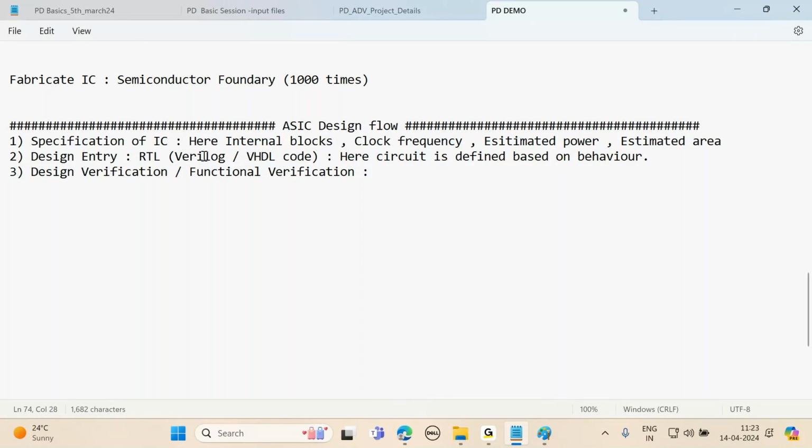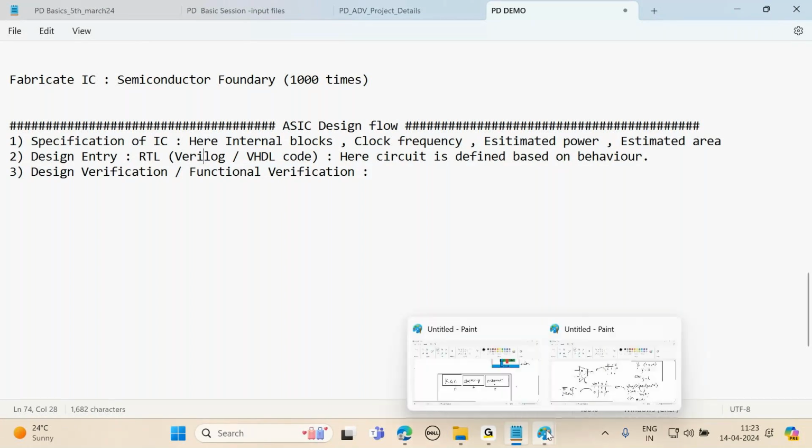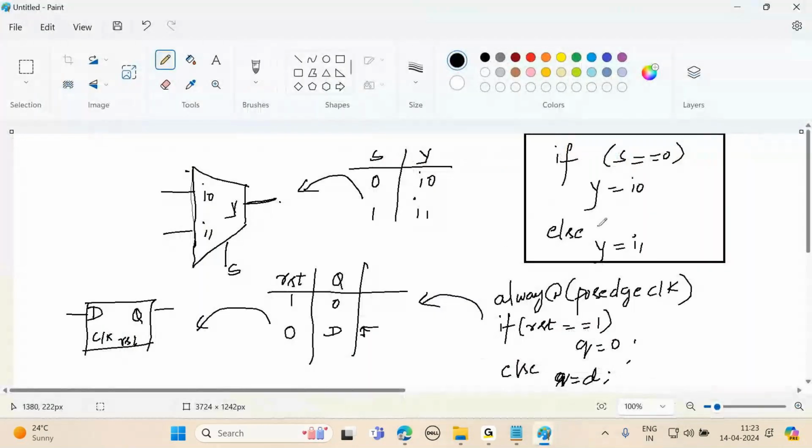Say I have written the program for a MUX. Whether this program is working like a MUX or not, I have to verify. How to verify? Apply different inputs. Apply 0, 0, 0: this is I0, this is I1, this is the select line. What is your expected output? If the select line is 0, the output should take I0, which is 0. Apply 0, 1, 0, 1, then 0, 1, 1, 1, 1.